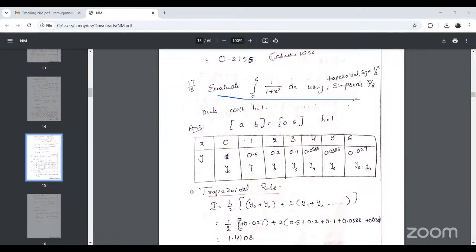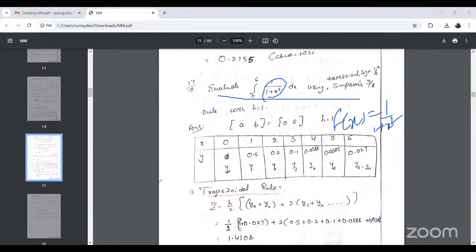So 0, 1, 2, 3, 4, 5, 6. The corresponding y values, you can substitute here. Here f of x equal to 1 by (1 plus x square), and we are getting these values.